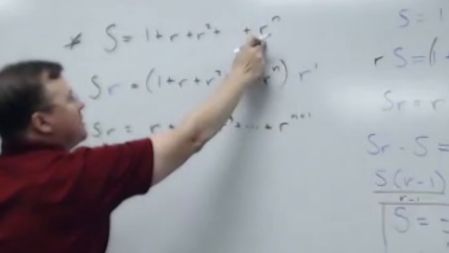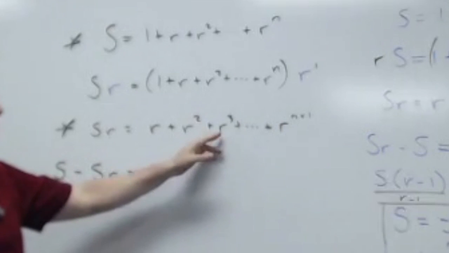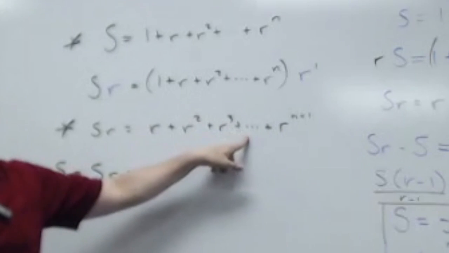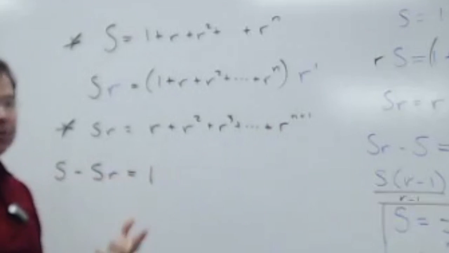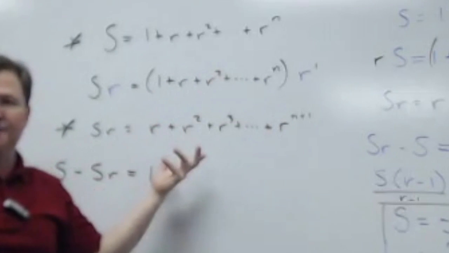And the r to the n, does it have something to cancel with? No. You have to bear in mind that when I write this dot, dot, dot, I'm implying that everything which comes after r cubed is there. But I'm also implying that everything that comes before each of these is there, just not written.